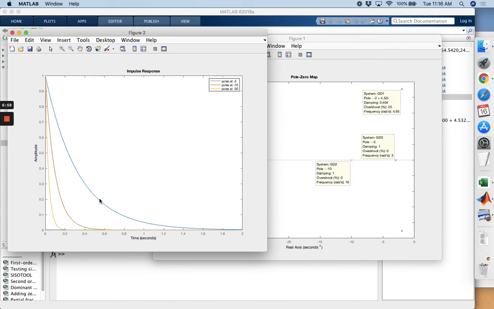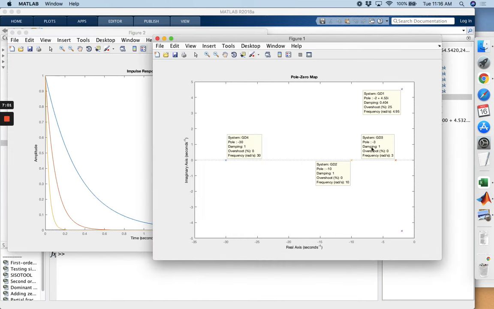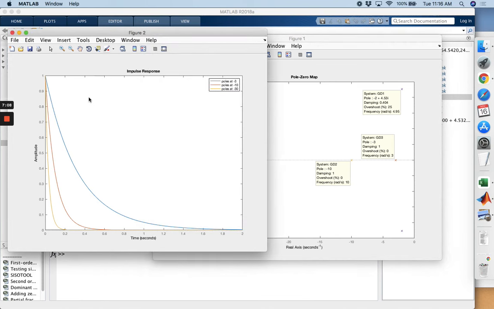So we can conclude that when poles are located farther to the left, the response of the system decays to zero faster. This means that poles located near the j omega axis will affect the transient response of the second order system.